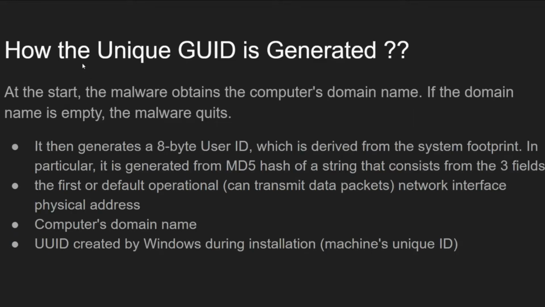So let's have again a quick revision of how this GUID has been generated. At the start, the malware obtains the computer domain name, and it has a long list of checks. If the domain name is empty, the malware quits by itself. So once it obtains the domain name, it generates an 8-byte user ID, which is obtained from a system footprint, which consists of 3 fields: the MAC address, the computer domain name, and the machine's UID, which is obtained from the registry.